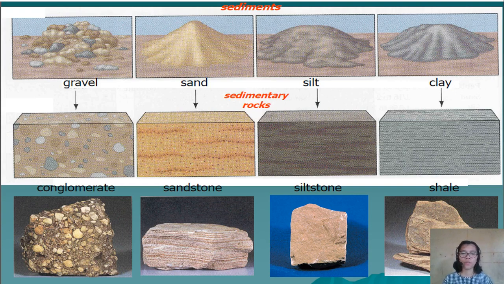So we have here a derivation of sedimentary rocks, so from sediments to sedimentary rocks. So for example, we have here sediments of gravel to sedimentary rocks, conglomerate; sand to sandstone; silt to siltstone; and clay to shale.